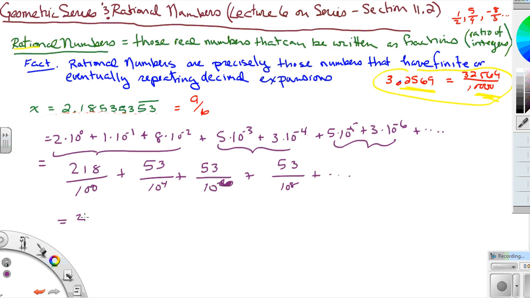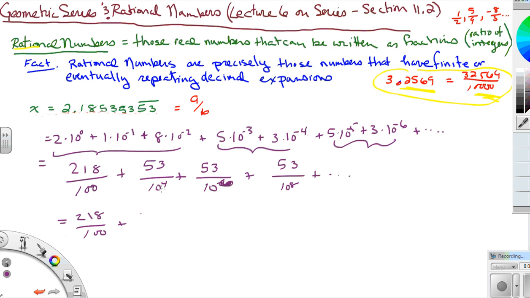So this is going to be 218 over 100 plus, how is that written as a series? Well, it's not quite what I want because I'm not going up by consecutive powers of 10. So let's rewrite that again.